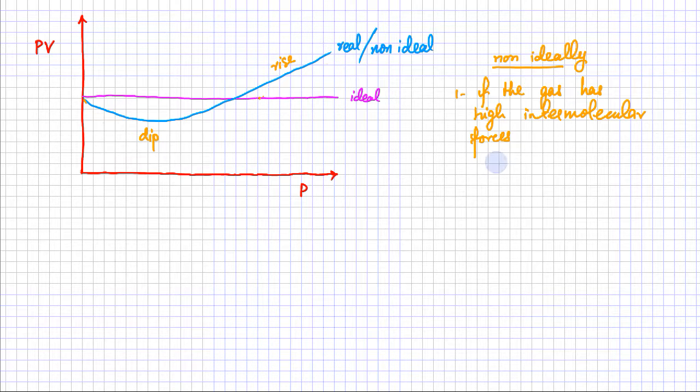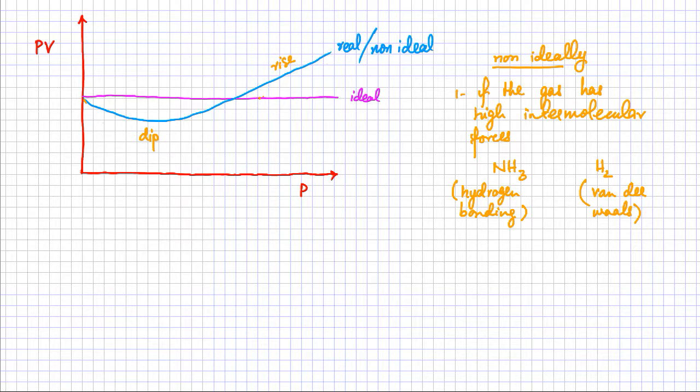So let's say I have two gases. One is ammonia and the other one is hydrogen. Now, ammonia has hydrogen bonding. Particles in ammonia will attract each other very, very strongly, whereas hydrogen has very weak van der Waals forces. So hydrogen is only going to deviate very, very slightly.